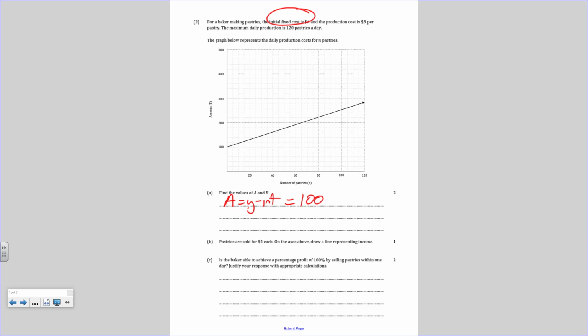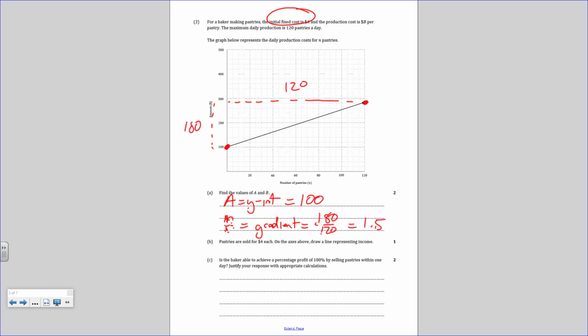B is a little bit more tricky because we need to find the gradient. So if I choose two points, this point and this point, starting on that left point, I've gone up 180, so my rise is 180, and then across I've gone 120. So that means B, being the gradient, or the rate of change, is going to be 180 over 120, and that equals 1.5.